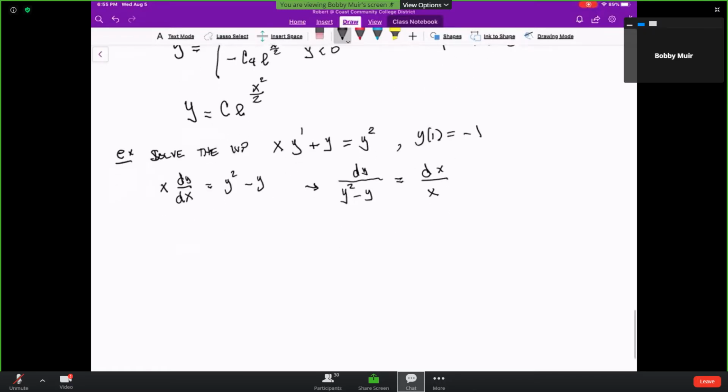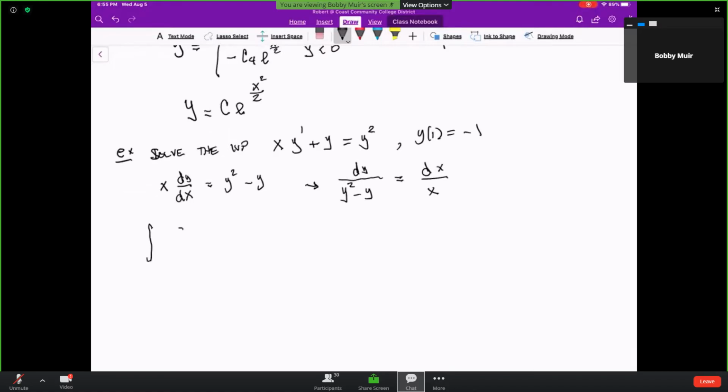Okay, so generally with these things, you have to keep track of this stuff. Okay. All right, so obviously we're going to integrate both sides. So I need to figure out the partial fraction decomposition of 1 over y times y minus 1. Let me do that real fast.